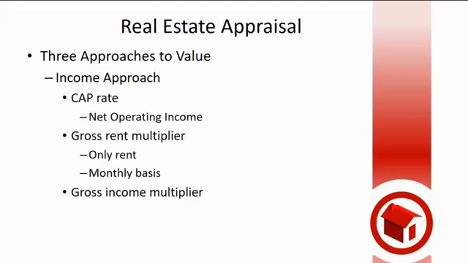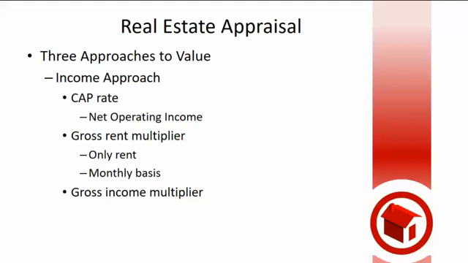All right? So let's do a math example. Very fun to do. Let's say there are 5 units, each one's paying $500 a month in rent. The expenses are $10,000 a year. And the cap rate is 8%, and the appraiser knows that.